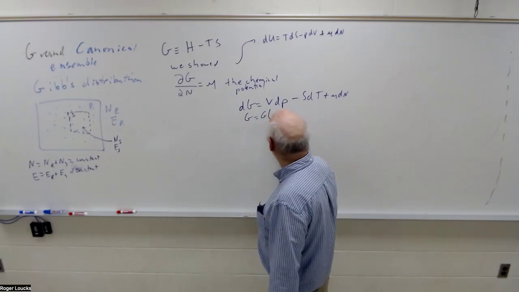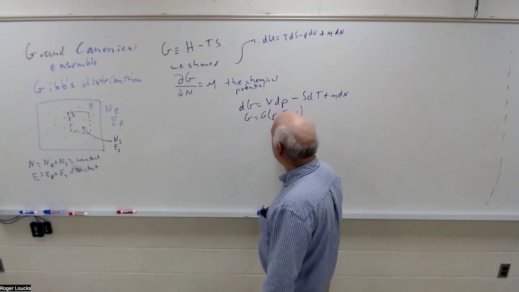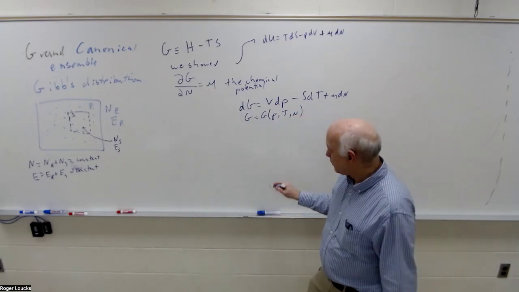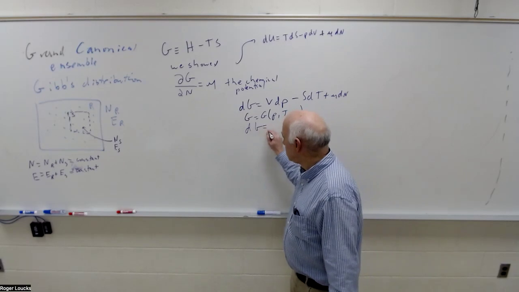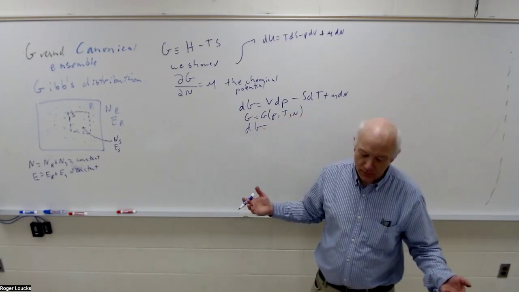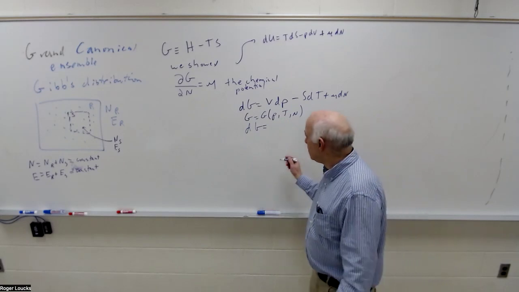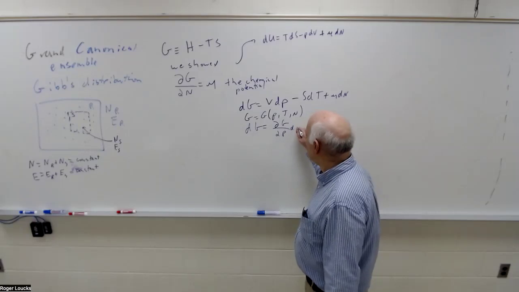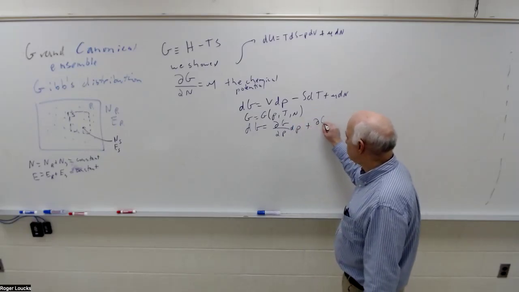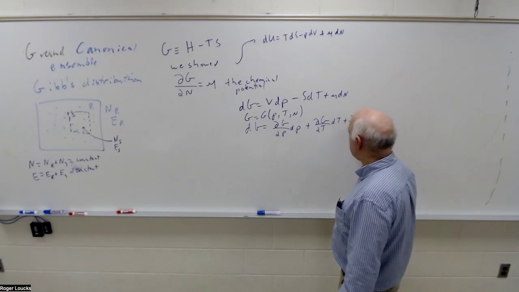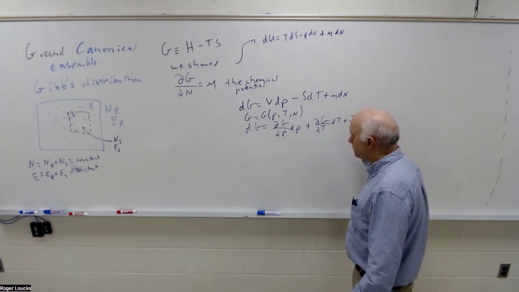So this is a function of P, T, and N. And how did we get this equation here? We did the exact differential. What do you think your chances are of doing an exact differential? Probably up there. So this is the partial of G with respect to P dP, the partial of G with respect to T dT, and then plus the partial of G with respect to N dN.